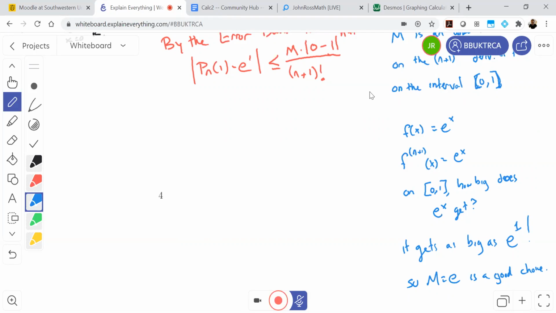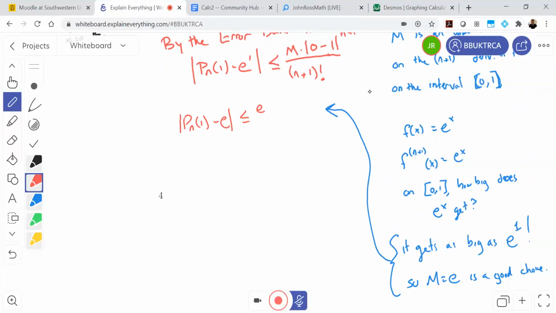Okay, so with that side adventure mostly complete, we come back here and we say that the error we were interested in estimating from the beginning, the p sub n of 1 minus e, is now less than or equal to this m value. We said that e was a good choice. The 0 minus 1 in absolute value to the n plus 1 is just going to equal 1.